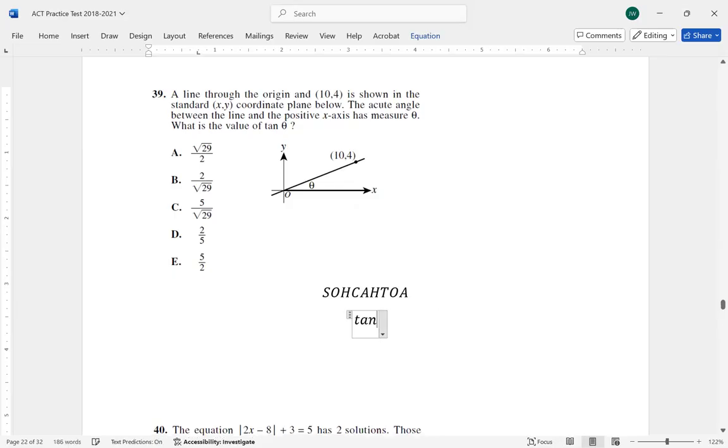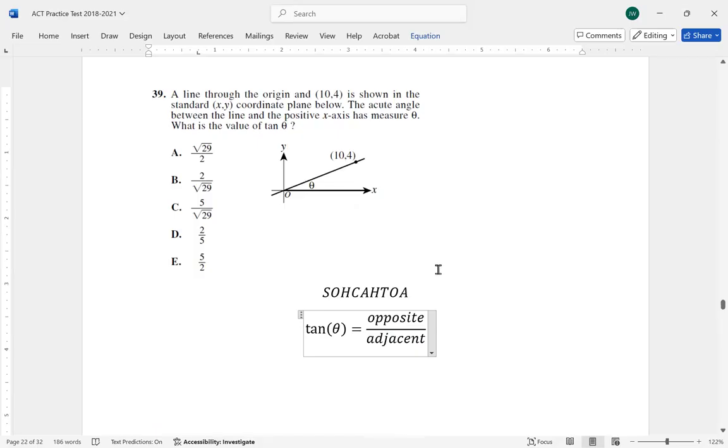The tangent of an angle, we'll call it theta, is equal to the opposite side length divided by the adjacent side length in a right triangle. And you may say, well, where's your right triangle here? My right triangle is found by just taking that point (10,4) and dropping perpendicular to the x-axis.